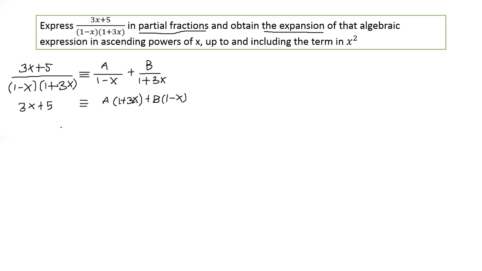And continue to expand these expressions at the right side. a times 1 is a, plus a times 3x, 3ax. And afterwards, b times 1, of course, b. And b times negative x, minus bx.